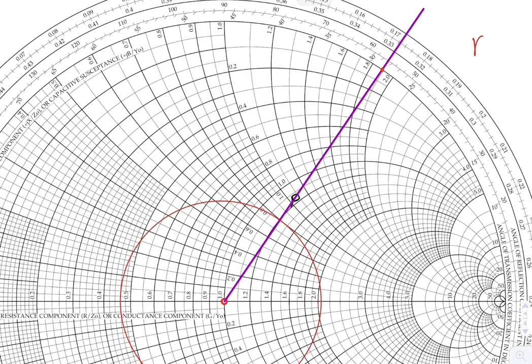Now to find the reflection coefficient gamma, I will measure this distance and this distance. Since the starting point is mod gamma equal to 0 and the last point is mod gamma equal to 1, the magnitude of the reflection coefficient at this point I can easily measure.